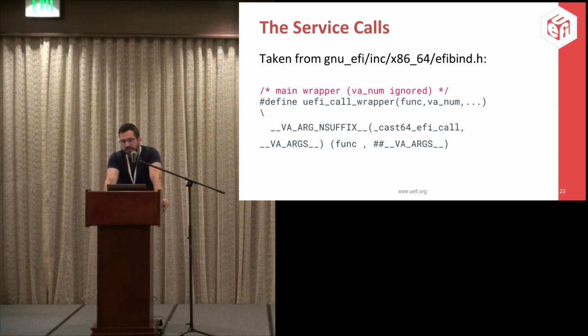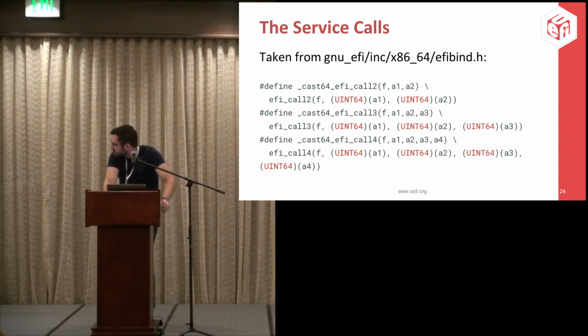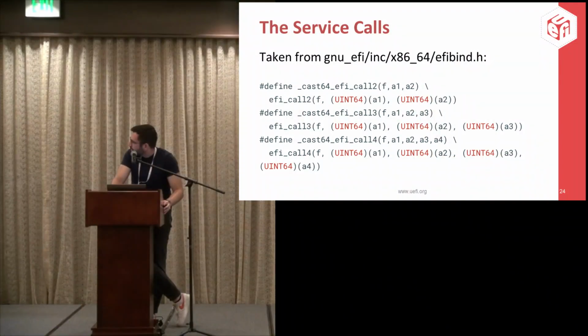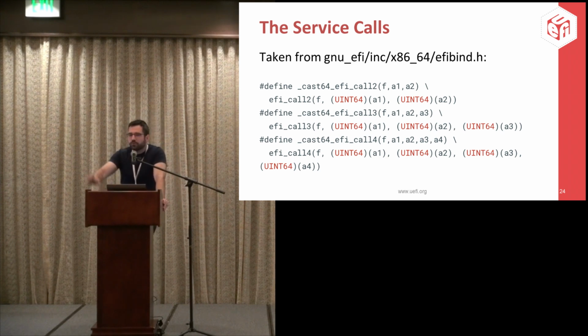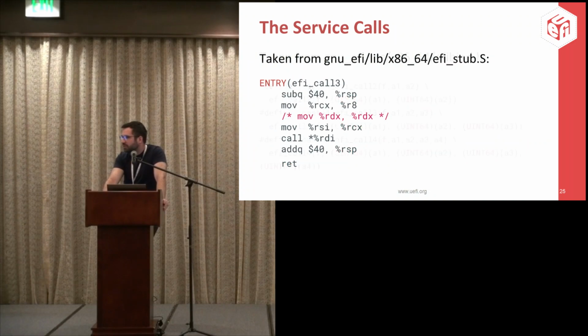So let's dig a little bit deeper into what the UEFI call wrapper does. This isn't the prettiest define, but if we track it down, it takes the amount of function calls, it takes the function calls itself, it takes the name, and then slowly unwraps it into UEFI call 1, UEFI call 2, UEFI call 3, and so forth, till all of them get unwrapped together. So let's go further down and actually track UEFI call 3, which is the one we're going to care about the most.